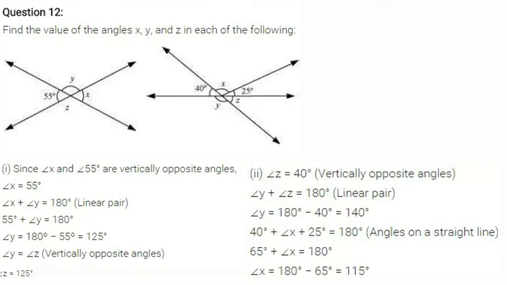Now angle 40 plus x degrees plus 25 degrees equals 180 degrees, angles on a straight line or straight angle. Now 40 plus 25 is 65 degrees plus angle x equals 180 degrees. Now transpose 65 degrees to RHS, which implies that angle x equals 180 degrees minus 65 degrees equals 115 degrees.